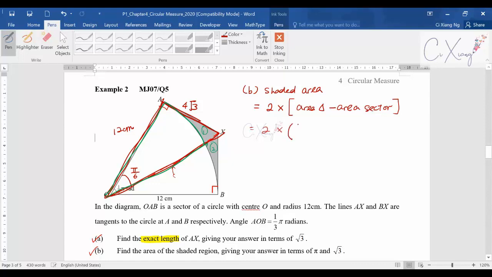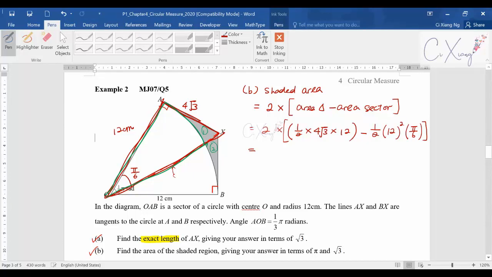Area of triangle is half times base times height, then minus the area of sector. The area of sector will be half r squared theta, so it will be half times 12 squared times theta, with the value of theta being pi over 6.